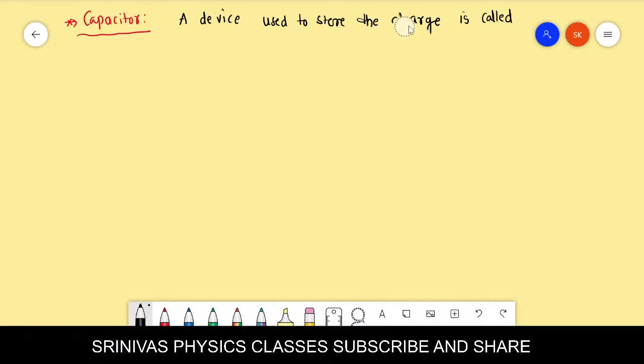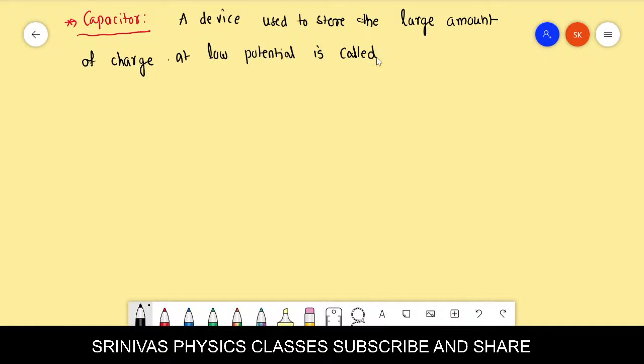Capacitor is a device that can store the charge, used to store a large amount of charge at low potential. Okay, at a low potential. This is the definition of the capacitor. Simply, the capacitor is a device. It is used to store the charge. It can store the charge. Right, a device used to store a large amount of charge at low potential or at less potential is called the capacitor. Right, what is the symbol of the capacitor?